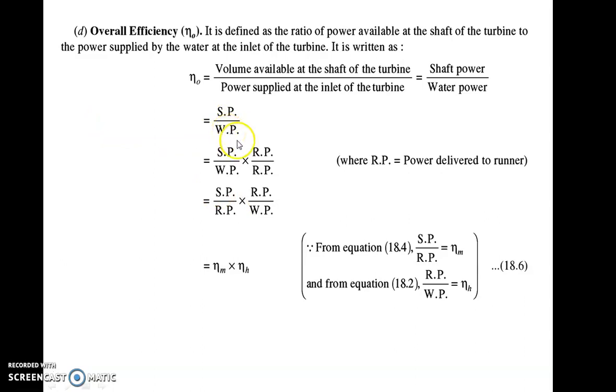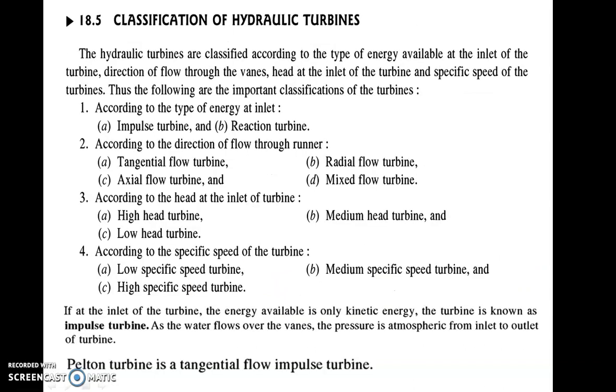In between them there is the runner power. So if you multiply and divide by runner power, you get shaft power upon runner power into runner power upon water power. But shaft power upon runner power is the mechanical efficiency, and runner power upon water power is the hydraulic efficiency. Hence the overall efficiency is given as the product of mechanical efficiency and hydraulic efficiency.